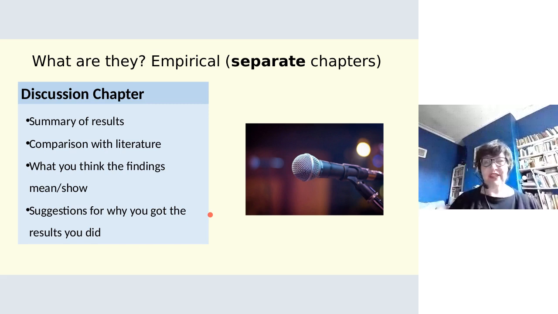So, you present your results, and then in the discussion chapter, you talk about what they mean. However, as I've put here, along the way in your discussion chapter, you're also going to have to refer back to those results.